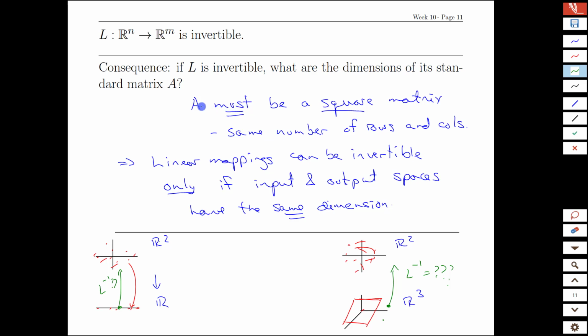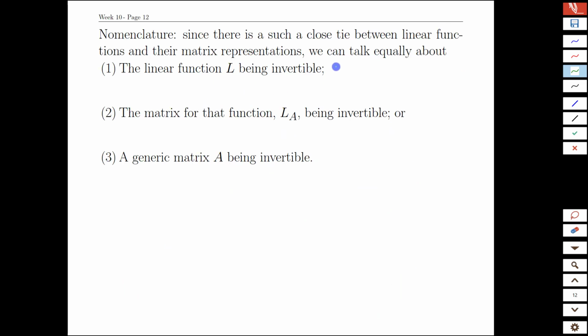That's the only time with linear functions that we're going to be able to find inverses. And the consequence of that is for the matrix forms, it only makes sense to talk about invertibility for matrices if we're talking about square matrices. So just making that explicit, because there's such a close tie between linear functions and matrices, we often interchange the terminology. So we would say this linear function is invertible or not.